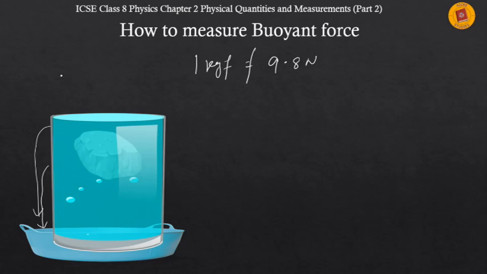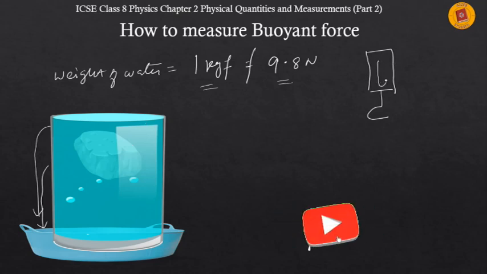The weight of the water which is spilled out. Now, if we do the same experiment that I mentioned in the previous slide with the spring balance, we will see that there is a reduction of 1 kg force or 9.8 Newton in the reading. Got it? This will happen mandatorily.